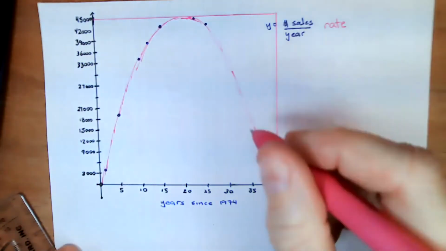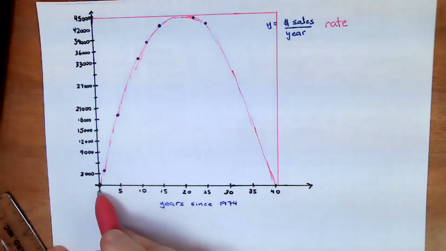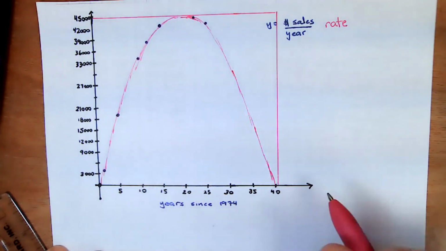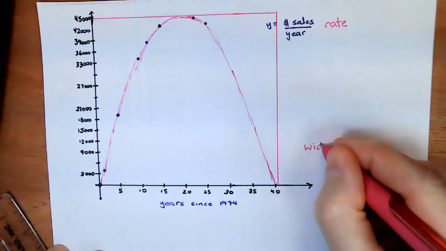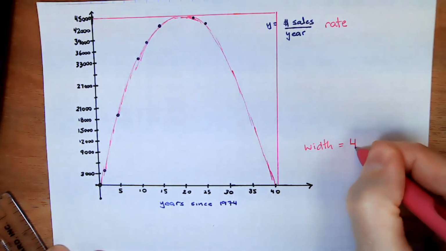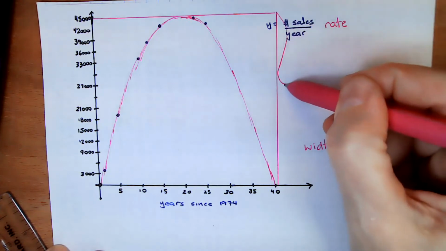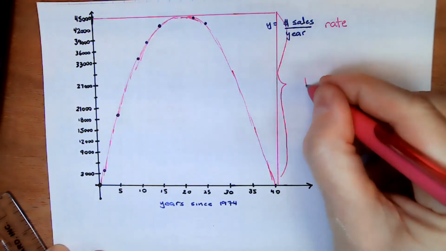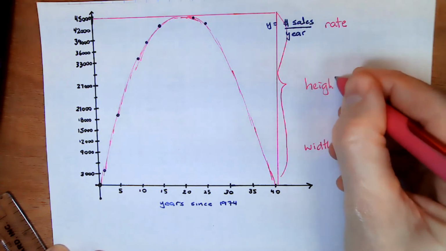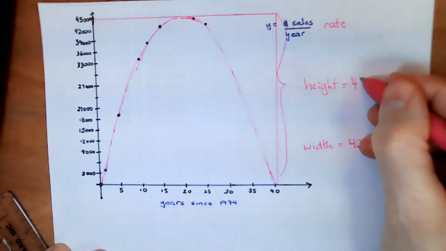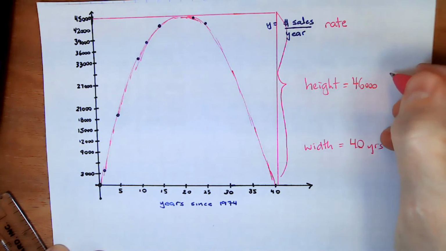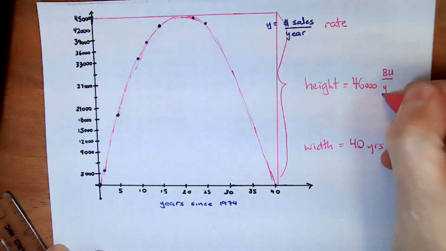So I have a rectangle here whose width is 40 years, and whose height is 46,000 units sold per year.